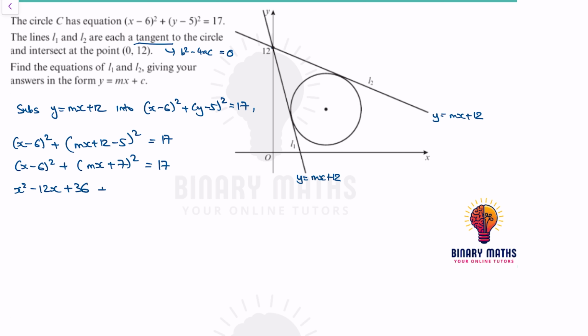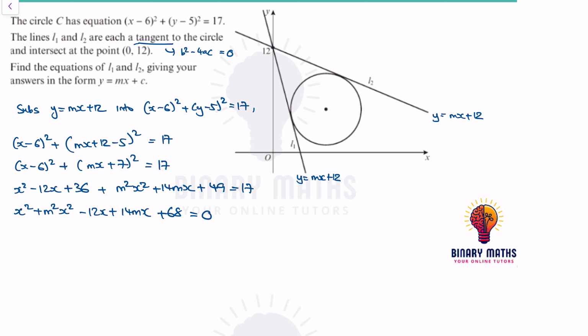If I expand the second bracket, I get m squared x squared, plus 2 lots of 7mx, which is 14mx, plus 49 is equal to 17. If I take everything to the left-hand side, I end up getting x squared plus m squared x squared minus 12x plus 14mx, 36 plus 49, take away 17, gives me positive 68 equals 0.